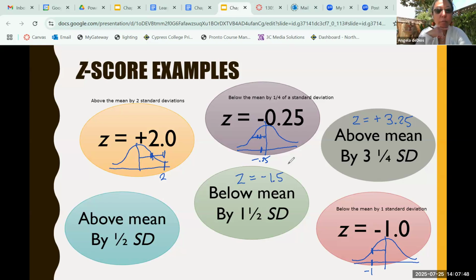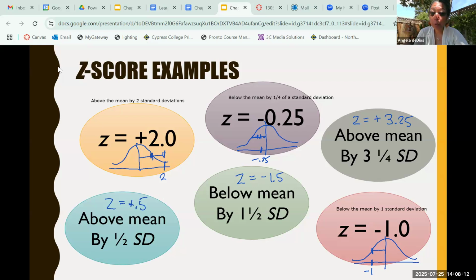So that would be z of -1.5. And above the mean by half a standard deviation, my z-score would be +0.5. So I'm hoping that through this practice, you're starting to understand what this z-score represents and how it can help us to see where a score is within the distribution.